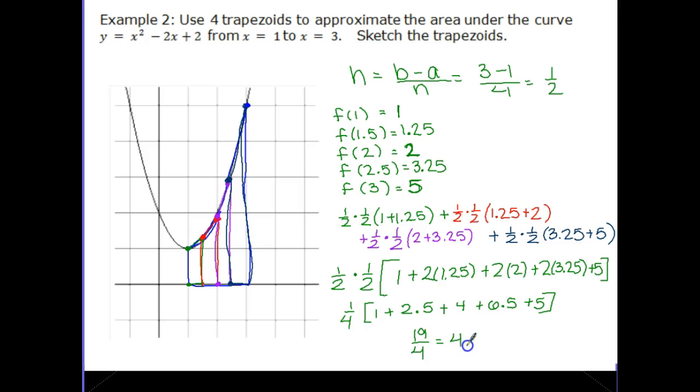What's the actual area? Did you say you found the actual? It was 4.6. Okay, so we are in overestimate.